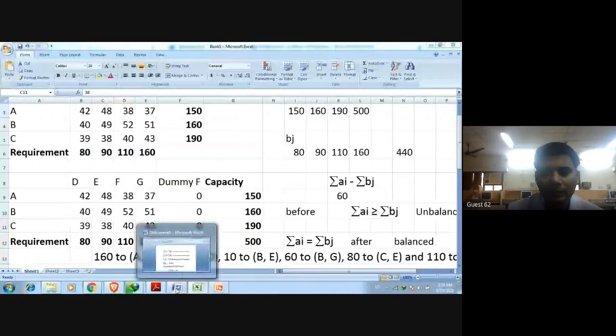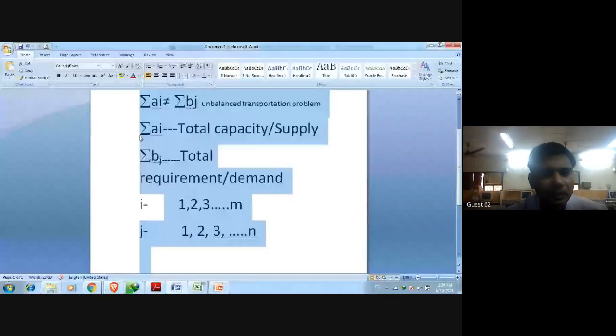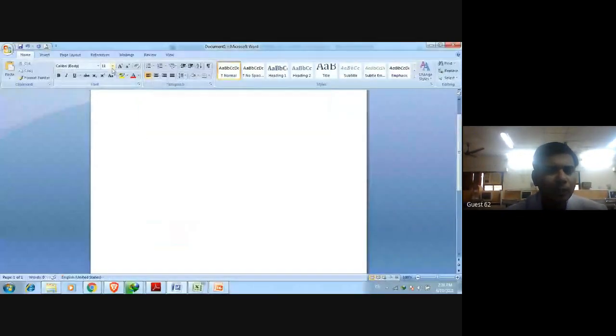To get the optimal decision, after finding the initial feasible solution, you have to check whether this solution is optimal or not. You have to check the optimality.